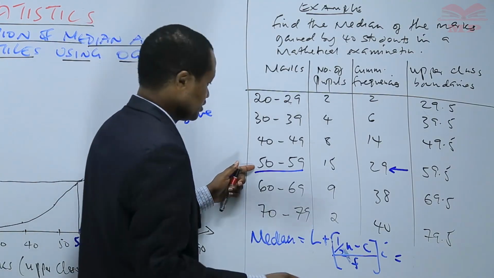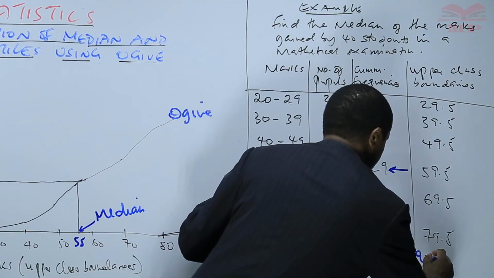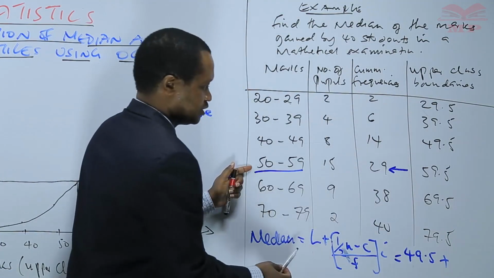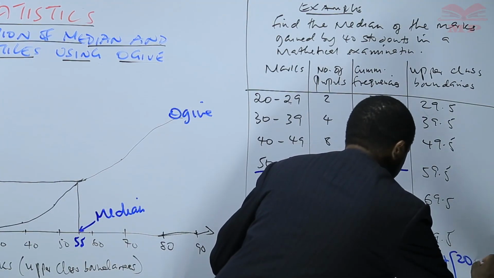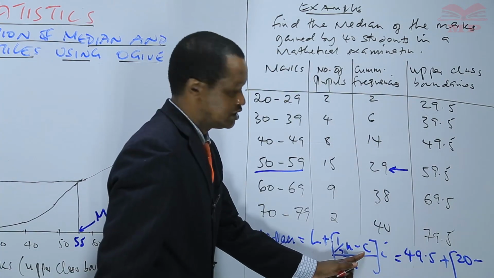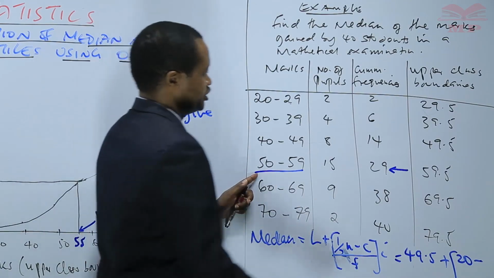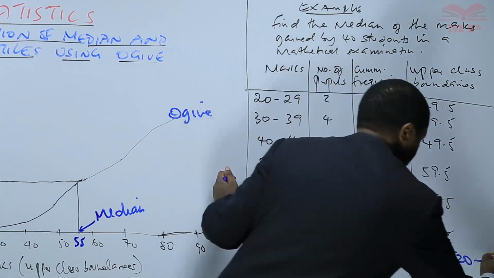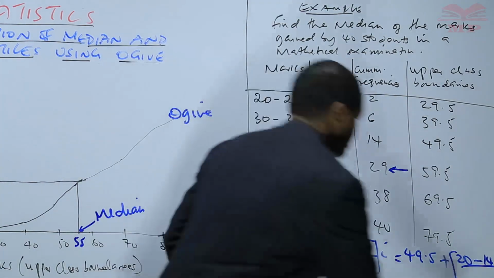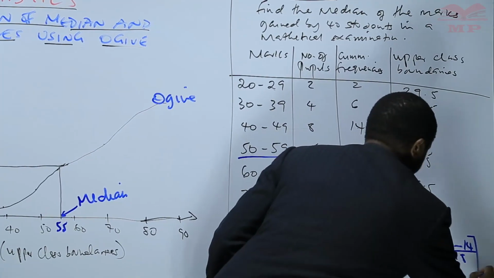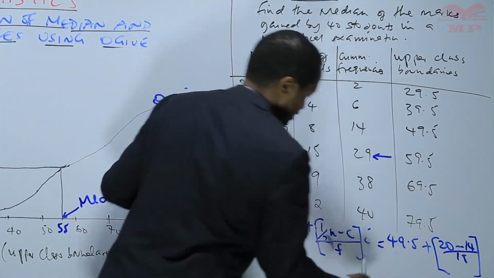So the lower class boundary will be 49.5 plus bracket 20 minus the cumulative frequency of the class preceding the median class, which is 14, over the frequency of the median class, which is 15, times the class interval.